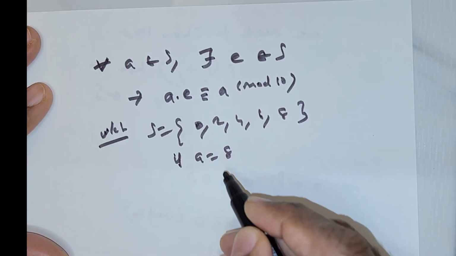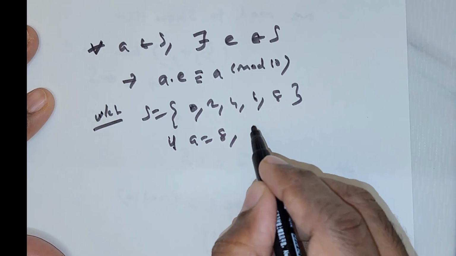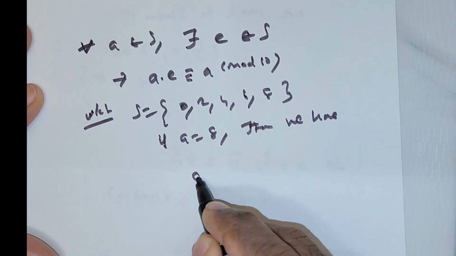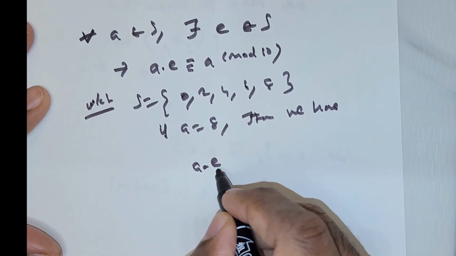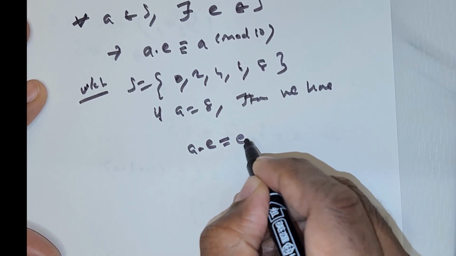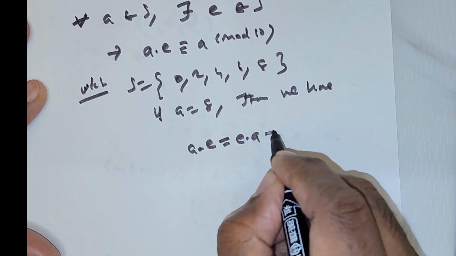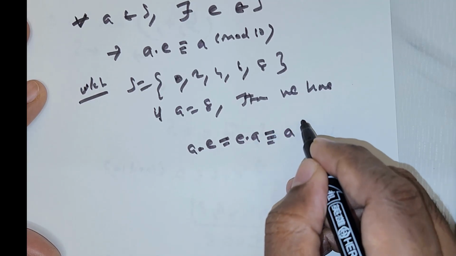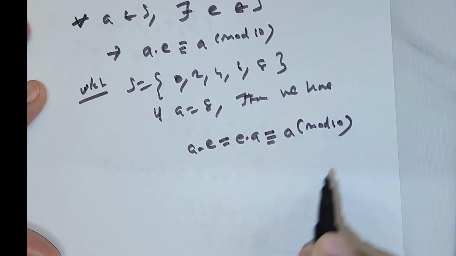If A is equal to 8, then E operated on A should produce us back our A under mod 10.